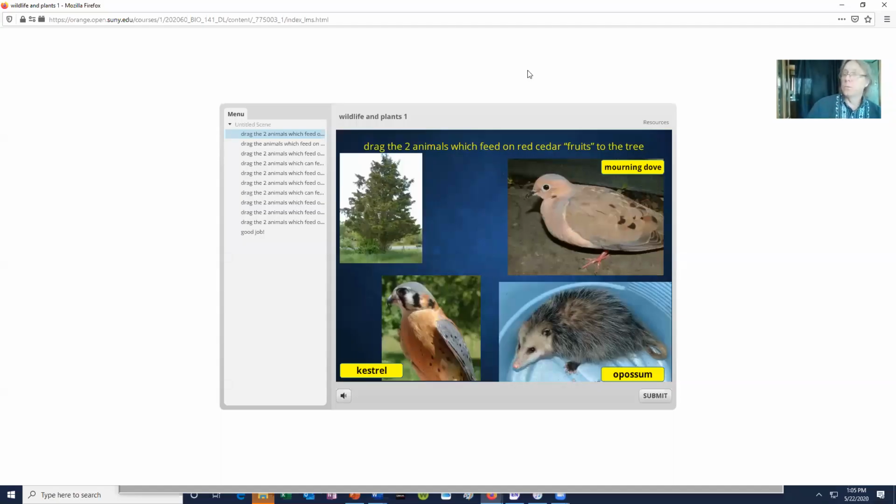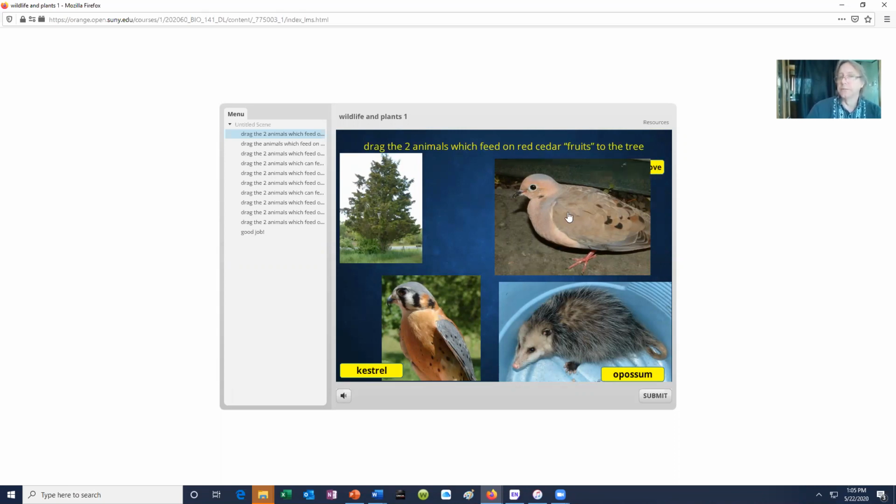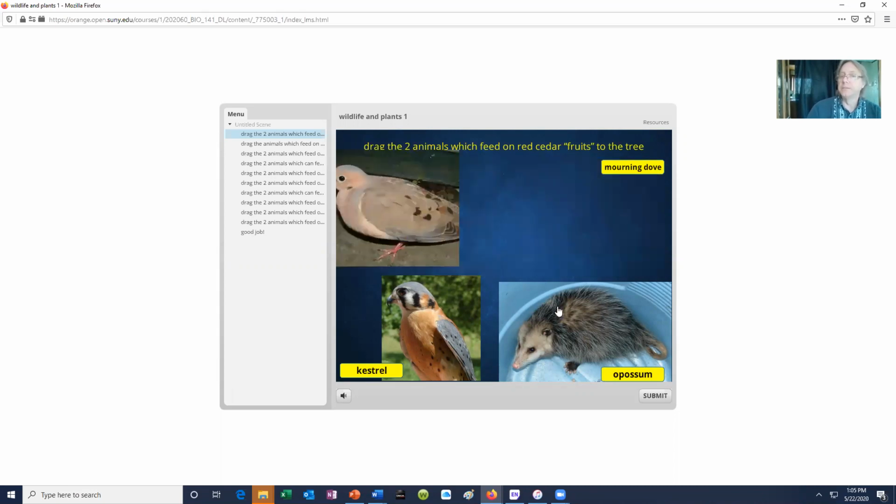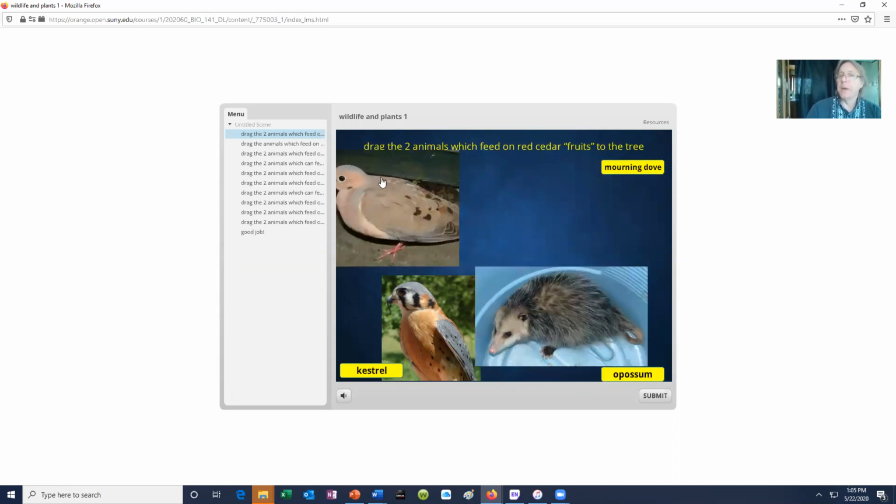Not only might one want to study the plants along a section of a trail to study plant diversity, but obviously animals may depend on this as well. Now, this is a kestrel. It doesn't feed on, say, the fruits of cedar trees, but mourning doves could, and then even an opossum could.